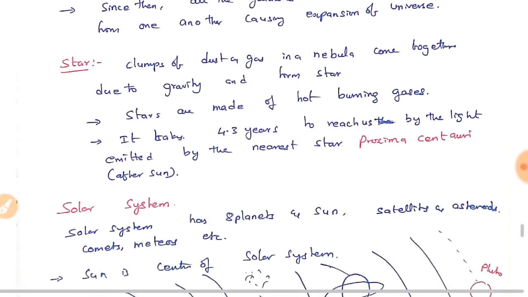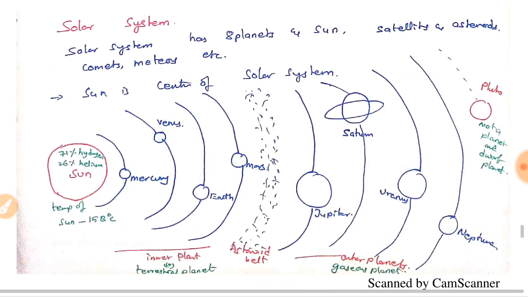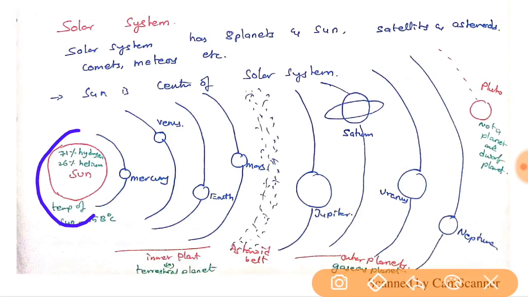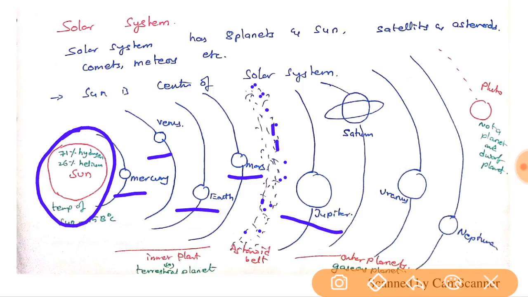So if you come to the solar system, it has 8 planets and the sun, satellites, asteroids, comets, meteors, etc. Here, the sun is our star and the center of our solar system, and Mercury is the nearest planet. Next comes Venus, next comes our blue planet, that is Earth, next comes our red planet, that is Mars. Later we have the asteroid belt, then Jupiter, Saturn, Uranus, Neptune, and Pluto.